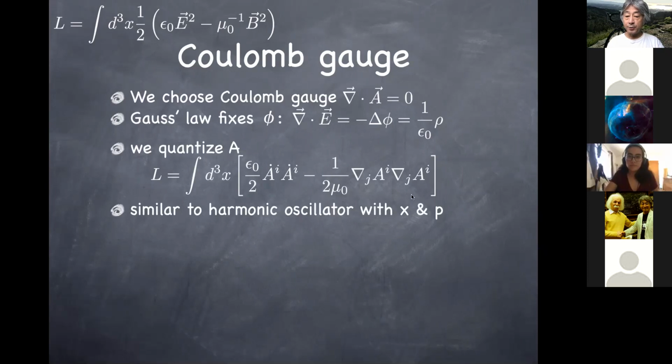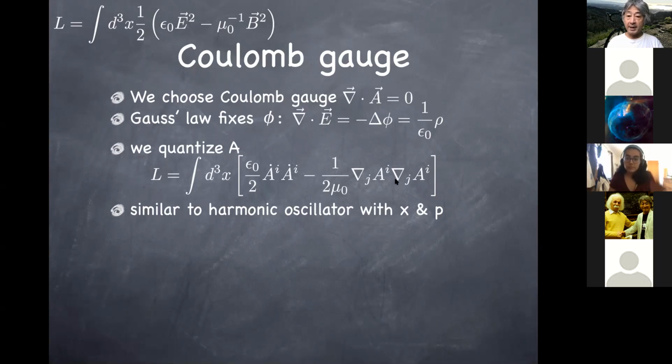And the second term is basically the analog of the potential energy, because once you go to momentum space, this derivative just turns into the wave vector. So you have wave vector squared times x squared. So that's the analog of half m omega squared x squared in harmonic oscillator. So that's why we know how to quantize this.